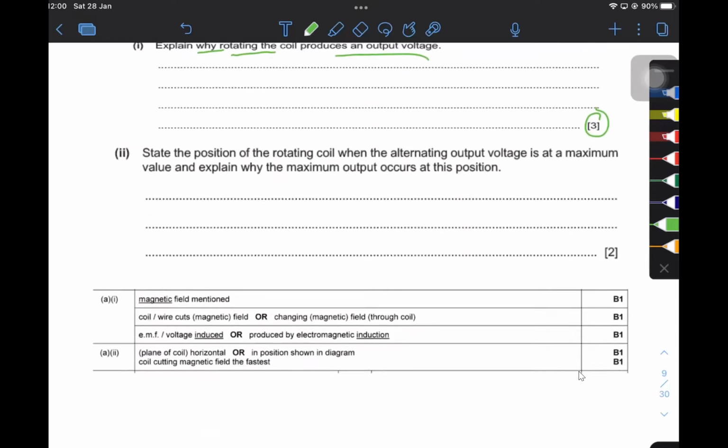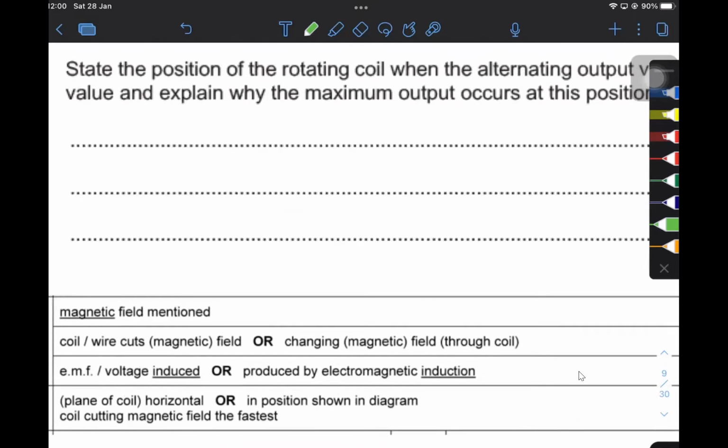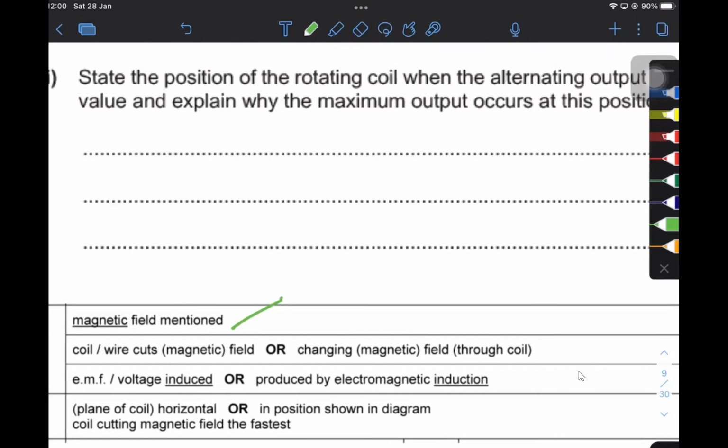And bam, you get your 3 marks again. It's always boiling down to electromagnetic induction, guys.